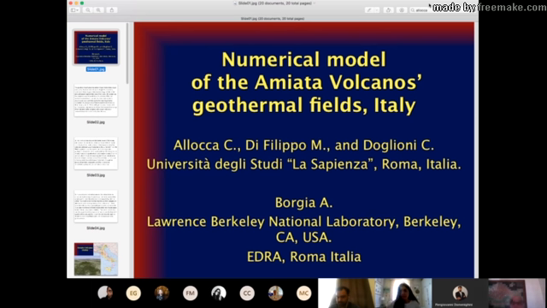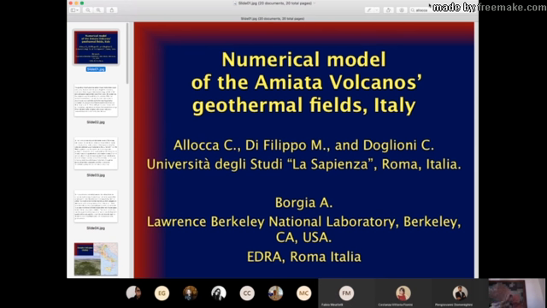In the first part of the lesson, we analyzed some field data and geophysical data about the geothermal fields around Amiata volcano. Now I'm going to show you a modeling done with TOUGH2, which is a code that allows modeling of porous and fracture media.